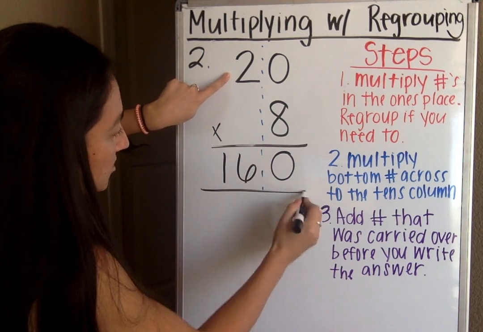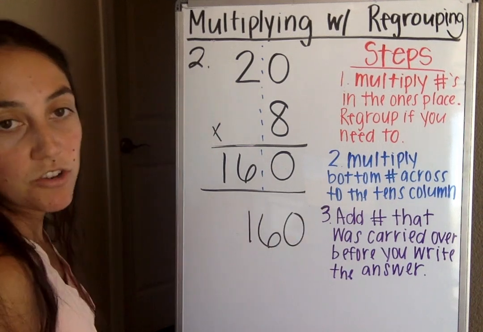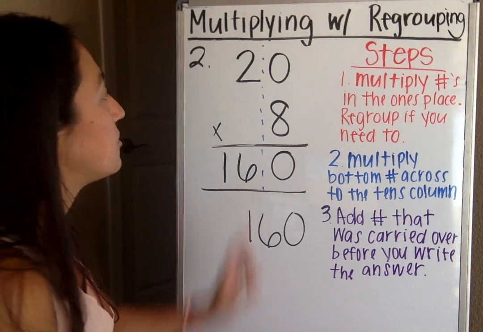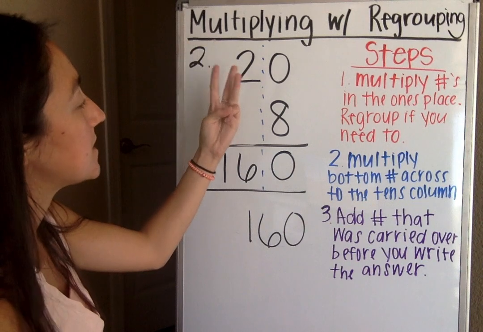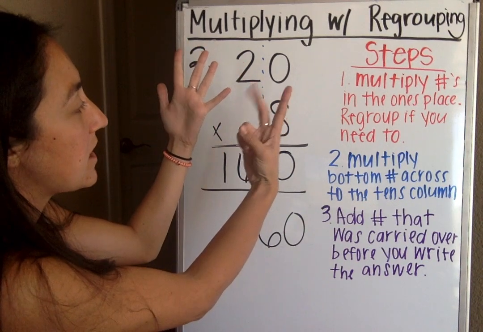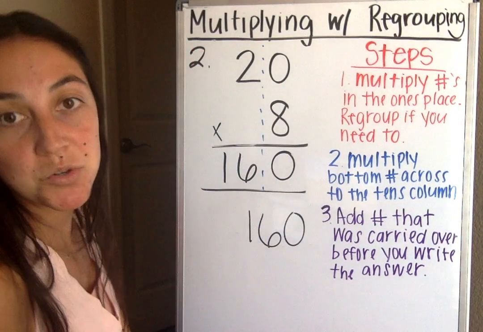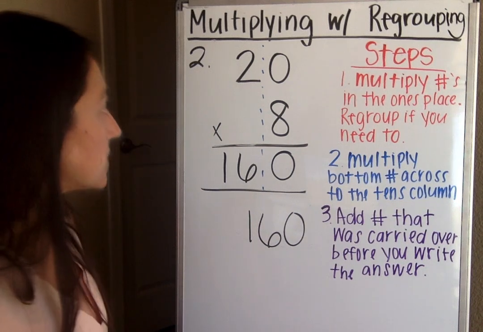So then that number just gets written there, and now my answer to this is 160. If you wanted to check your work for this one, you could count by 20s 8 times. 20, 40, 60, 80, 100, 120, 140, 160. And I counted 8 times by 20s, and I got 160. So we are doing it correct.